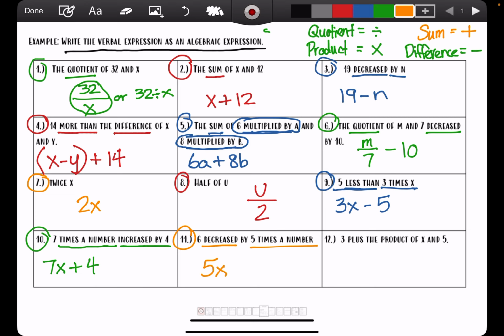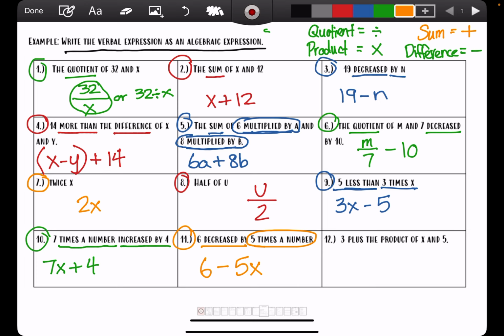And then 6 decreased by 5 times a number means 6 minus 5 times a number. So 6 minus 5x is that expression algebraically.